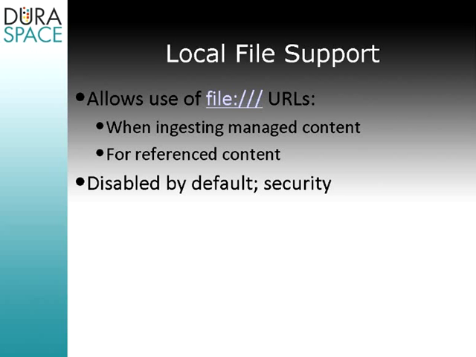However, when the content is already stored locally, it just makes it that much easier to be able to point to the files and tell Fedora to read those files in. And this allows that. So this helps in cases where you have a lot of content you want to send into the repository. Well, it's already on the local system, so you want to be able to send that in more quickly. So this allows that.